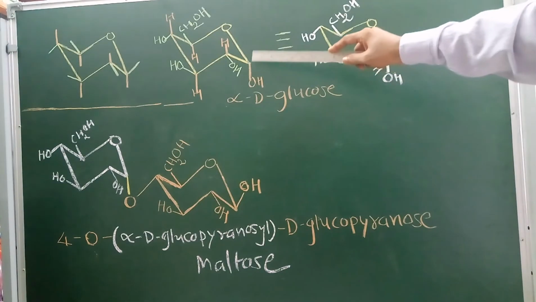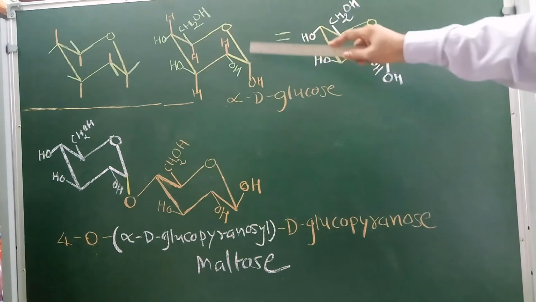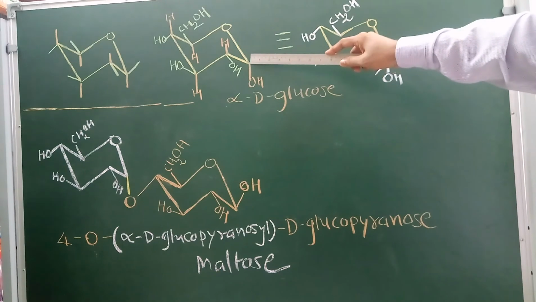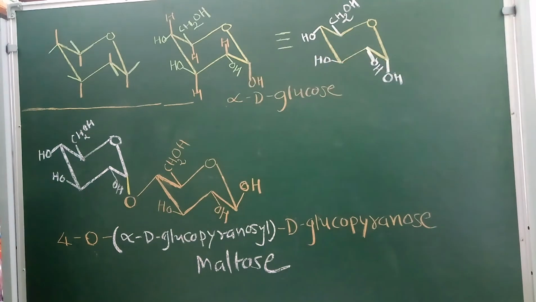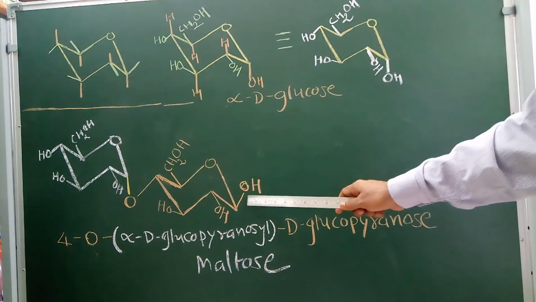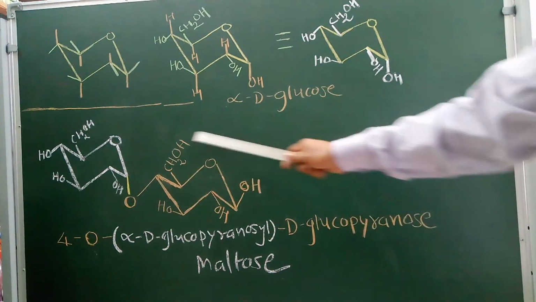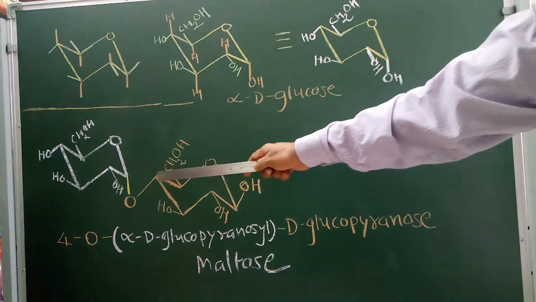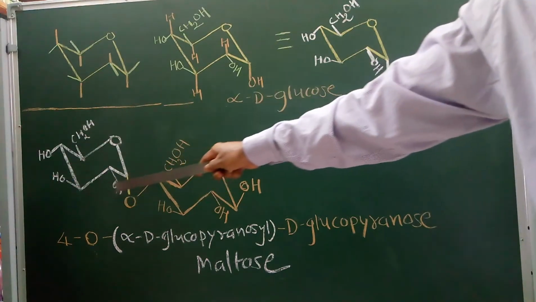Here we have seen that this is the alpha anomer of glucose, because this is the monosaccharide, and the OH at carbon 1, this is carbon 1 for glucose, occupies the axial position. Coming back to the maltose, this is the first glucose unit, this is the second glucose unit. On the red one, the first one, at position number 5, you will find some group R attached.